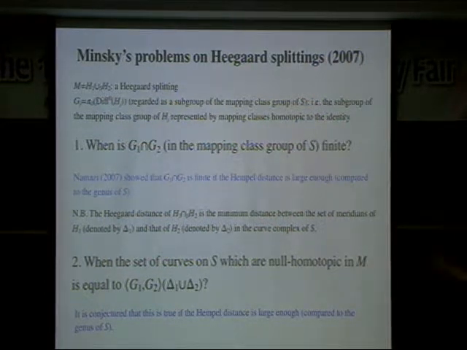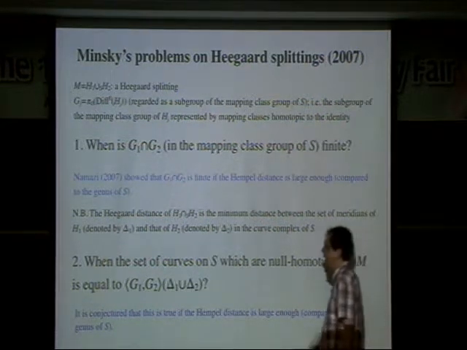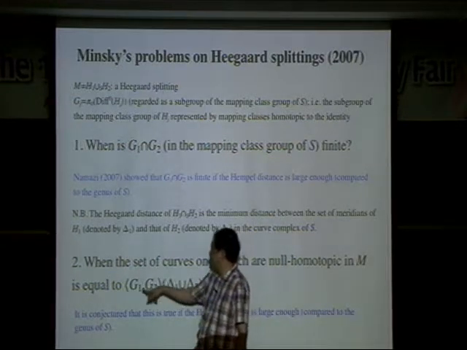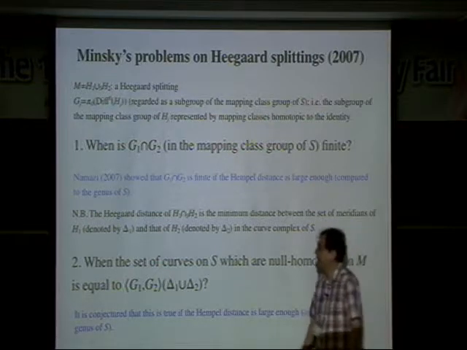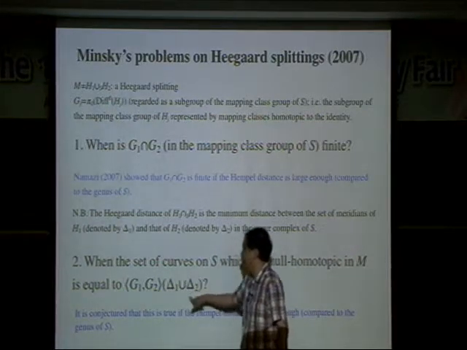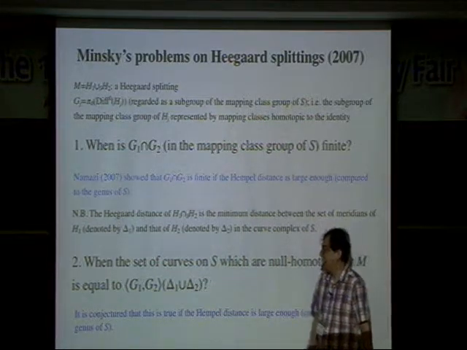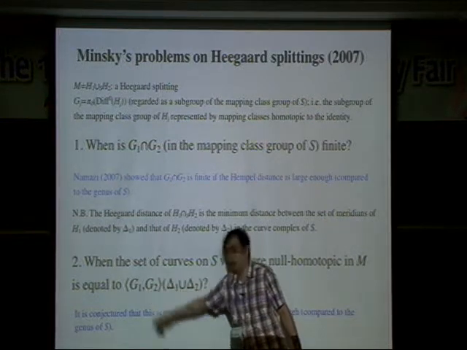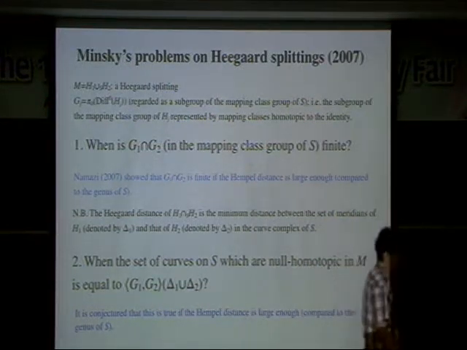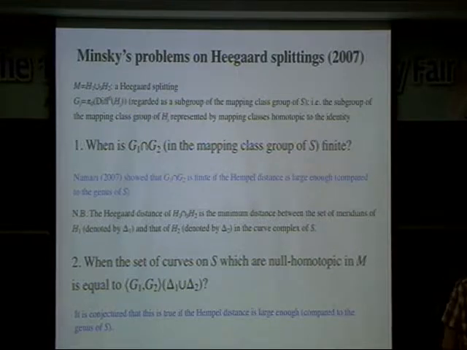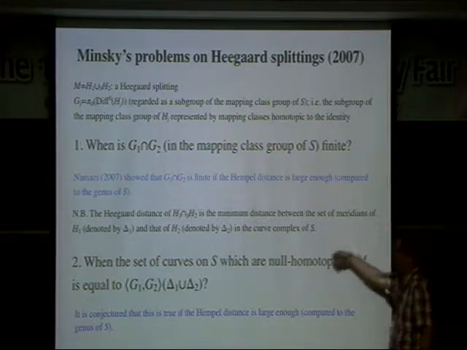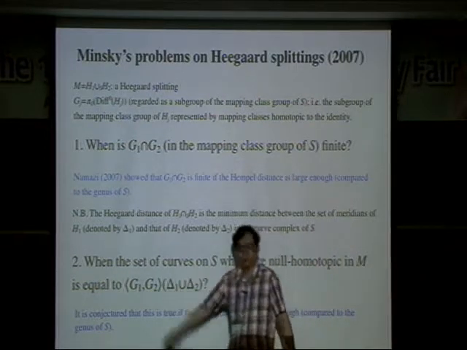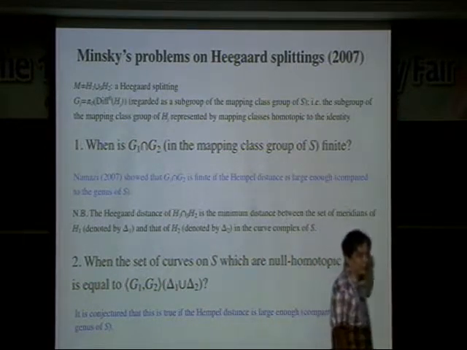Okay. So it's easy to see that any curve contained in that set is not homotopic, because any curve in here is not homotopic, and any element in G1 or G2 preserves non-homotopicity: if something is non-homotopic, its image by G1 or G2 is again non-homotopic.